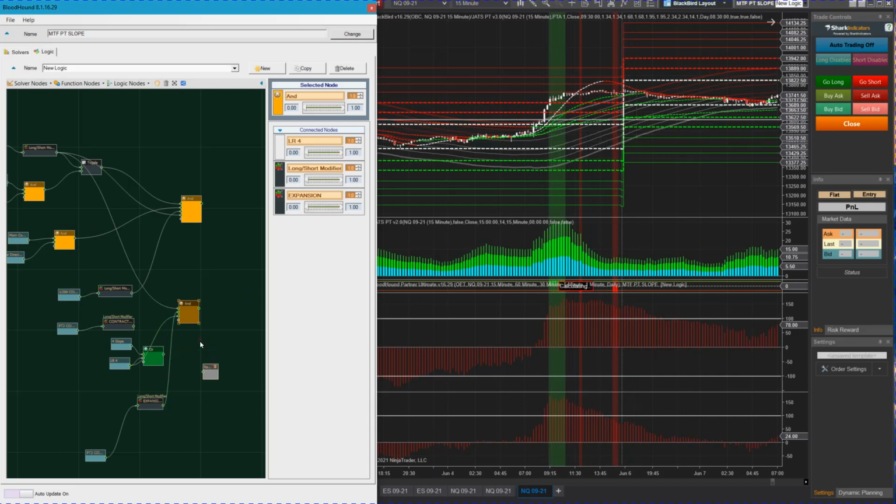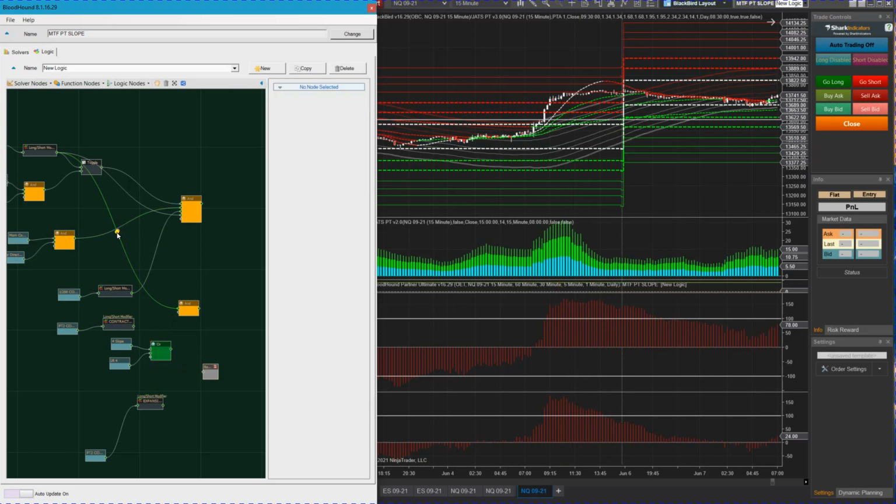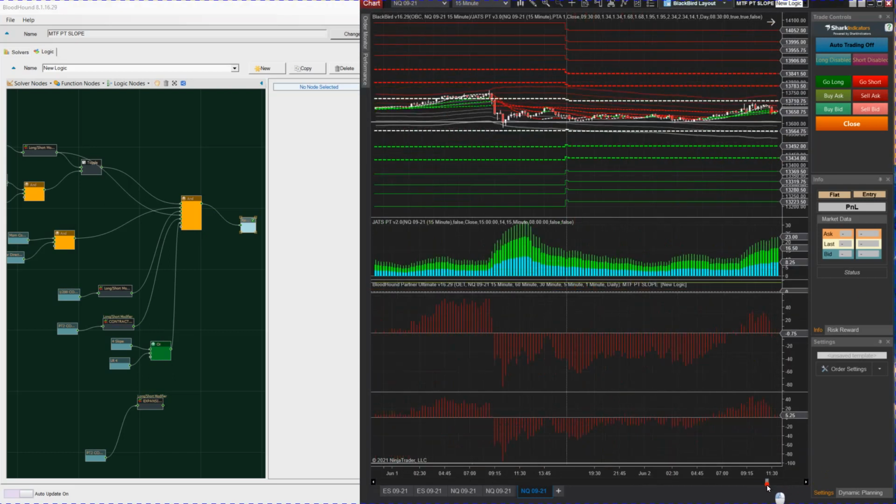But since we're just looking for contractions, together. There we go. We're just interested when the slope comes down and we're out of area.